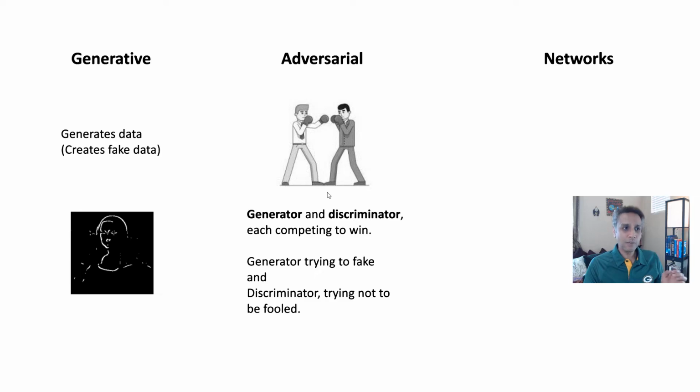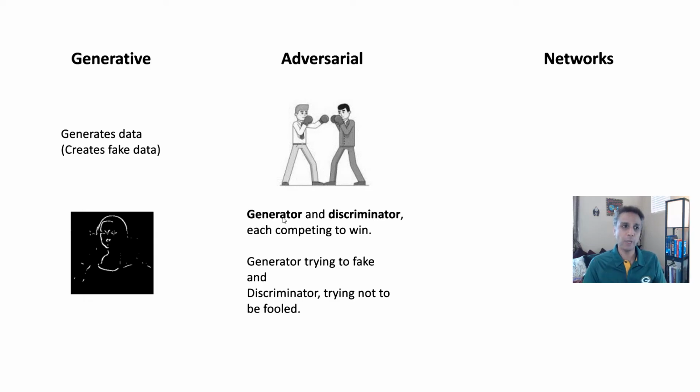So think of the generator and discriminator competing to win. Meaning, as I mentioned, the generator is trying to fake the data and the discriminator is trying to say, no, that's fake data. That's not true. So now the generator is like, okay, the discriminator caught me. Let me go ahead and get better in the next epoch. And the discriminator also gets better.